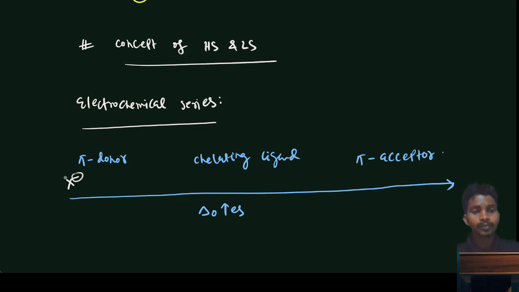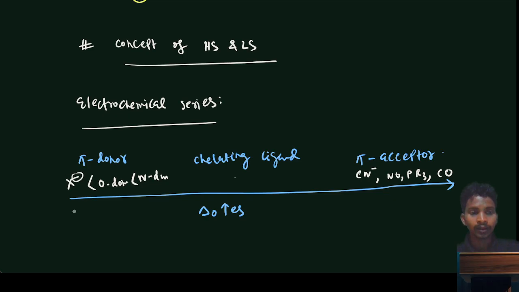First we have halogen groups, then oxygen donors, then nitrogen donors, and for chelating ligands we have bipyridines, all these things, and pi acceptor ligands we have CN minus, NO, CO, this type of ligand.